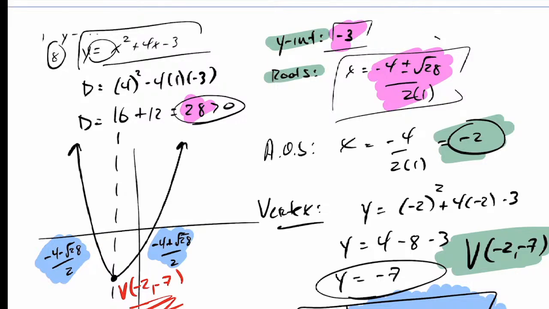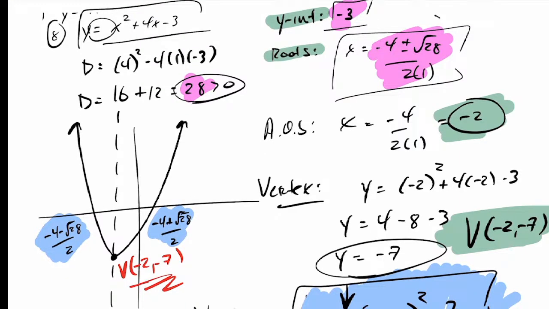I don't get how to plot the vertex. Where are the fractions? There are no fractions. The vertex is negative 2 and negative 7. I see no fractions here. Oh, when there are fractions? Okay, I'll make up an example. Watch here.